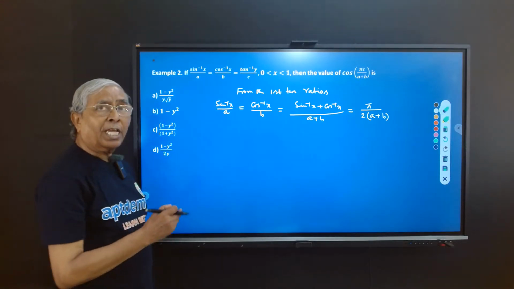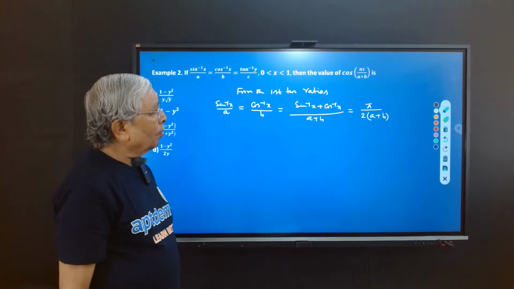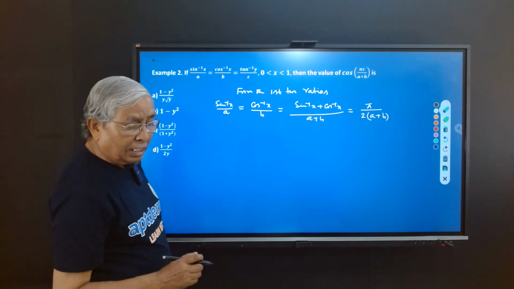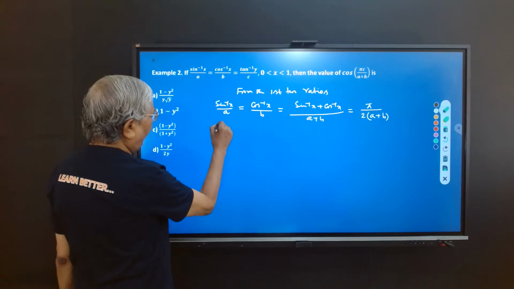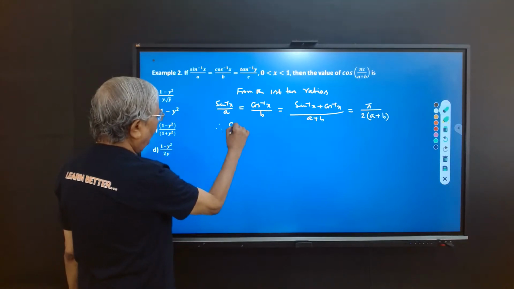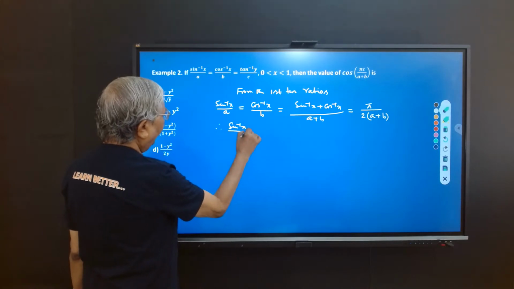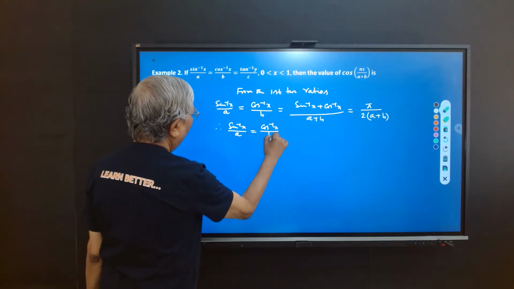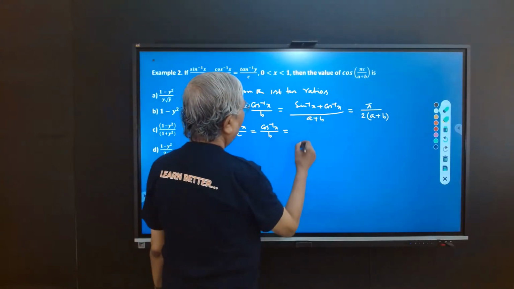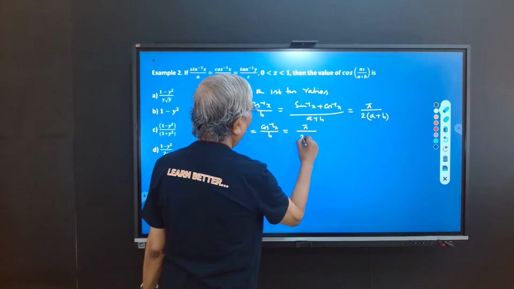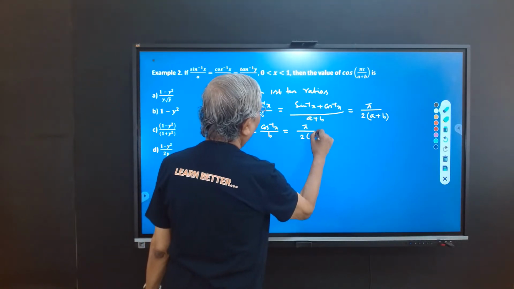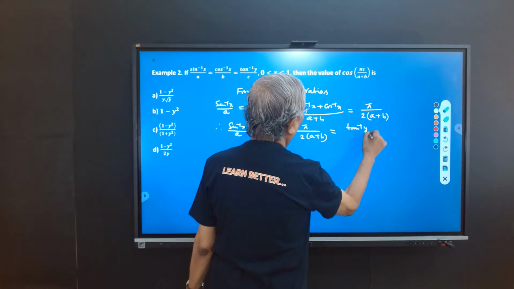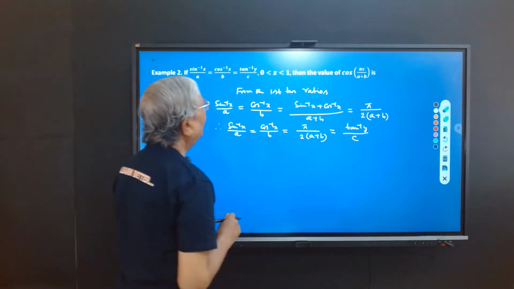Therefore, we can write sin inverse x by A equals cos inverse x by B equals pi by 2 into A plus B, equals what you are given, tan inverse y by C.